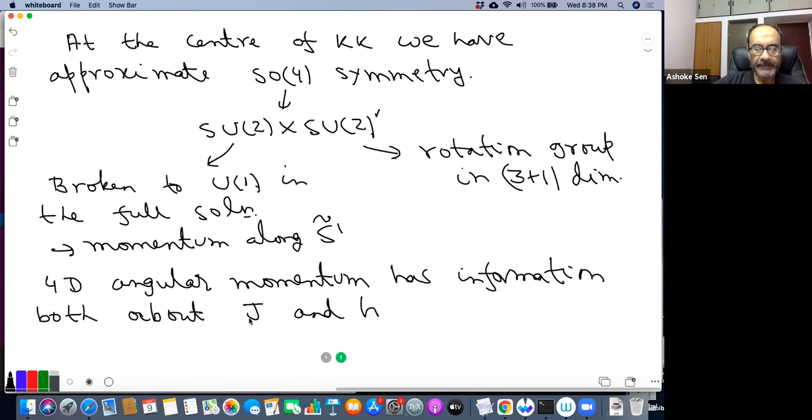Remember, J is the momentum along S1 tilde, so that's some component of the 4D angular momentum. And h was the third component of the usual angular momentum, this rotation group. So that also has its origin in the SO(4) angular momentum. So the 4D angular momentum contains both. And so if you have a particle that carries this 4D angular momentum, you have to be a little careful in analyzing whether it represents J or h or both. So this is something we should keep in mind.